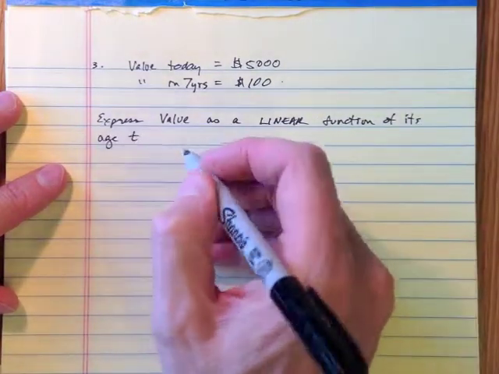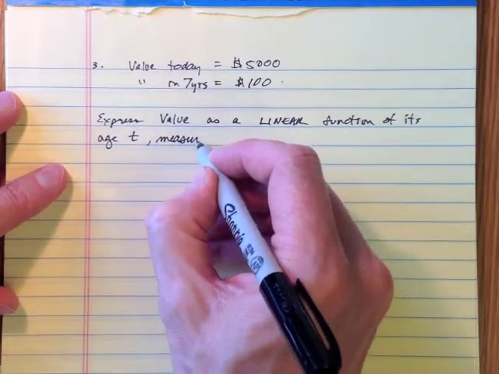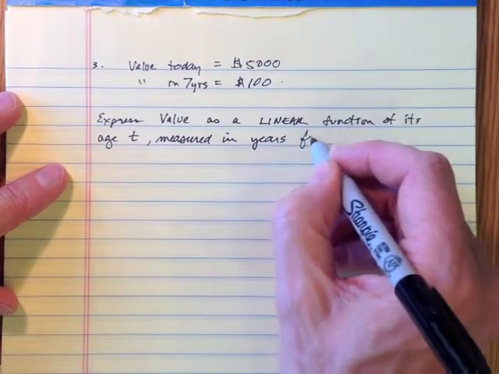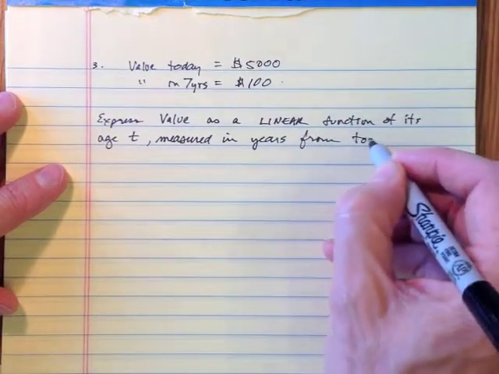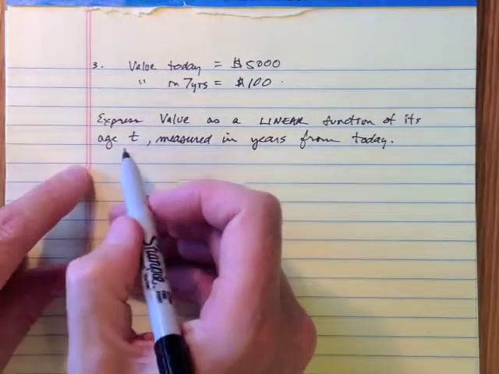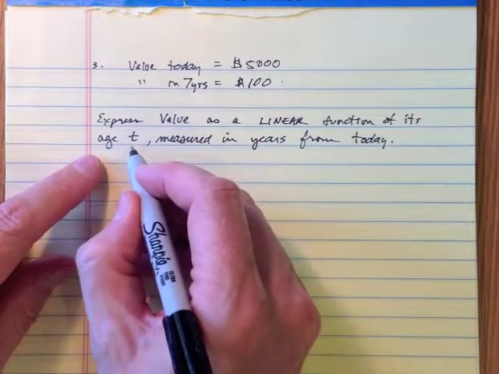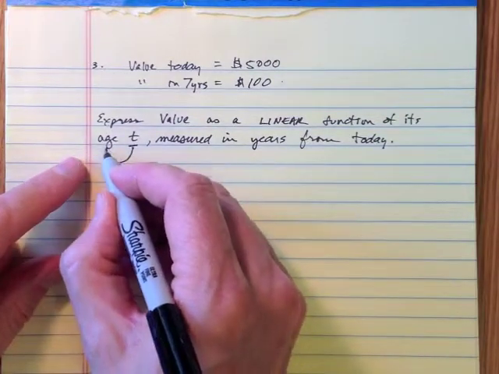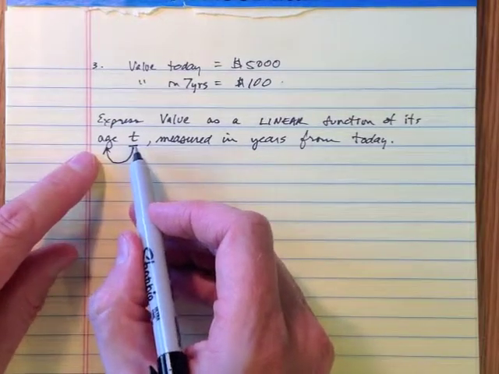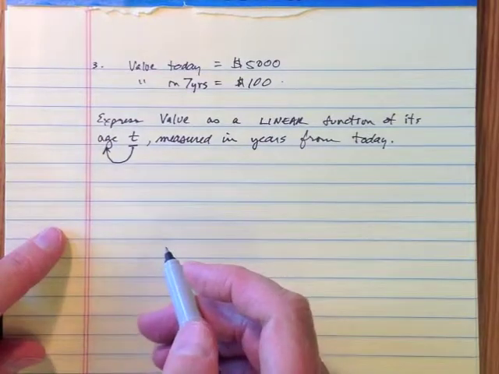I'll say t, measured in years from today. So whenever anybody says something like this, age t, and then they put a symbol right after some noun, they're saying that that symbol should be used for that word. So t should, in your answer, be the age of this object measured in years from today.